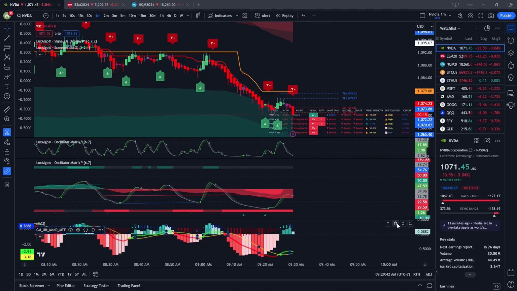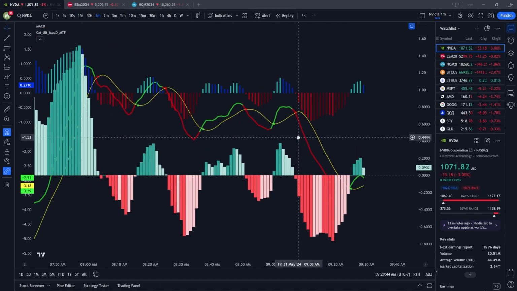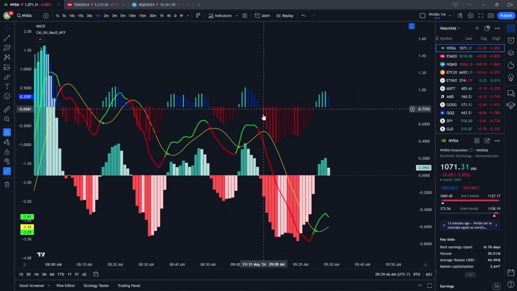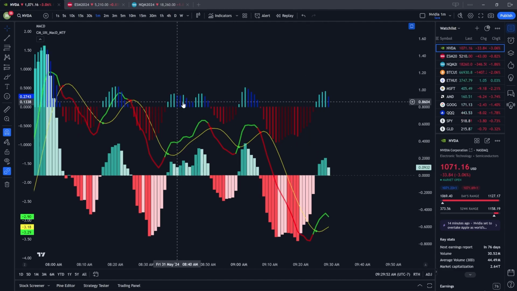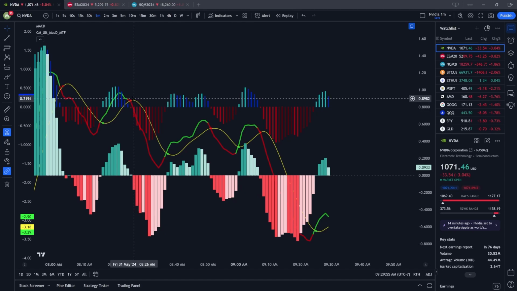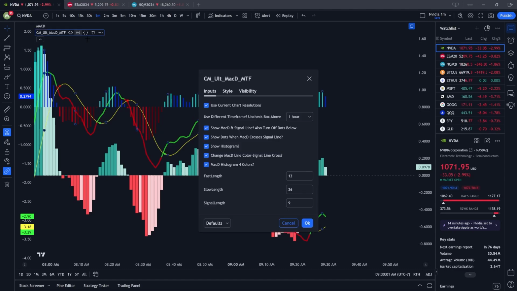Let me make this bigger so you guys can really see this. Look at Chris Moody's, and then look at the generic one. They're exactly the same. But I just don't like the way his histogram looks. It's super ugly. And I don't like this line. It's ugly too. So I edited it and took off a bunch of things.